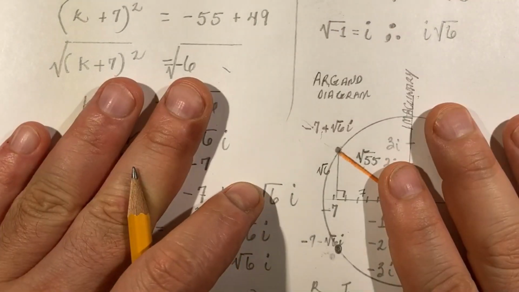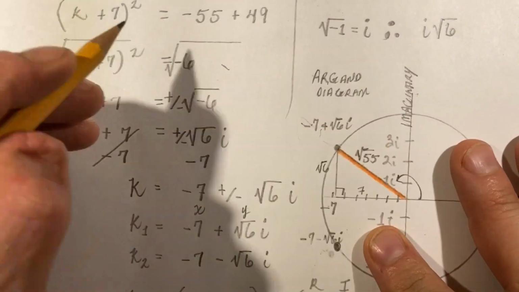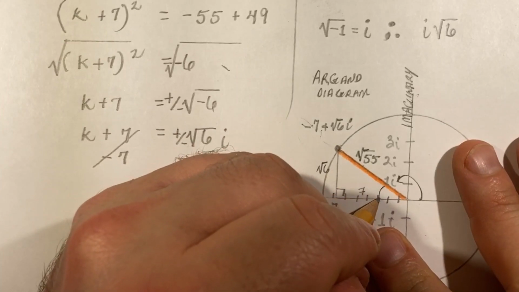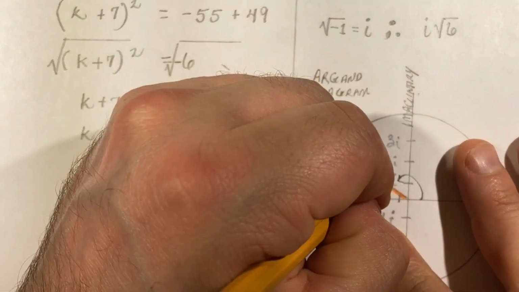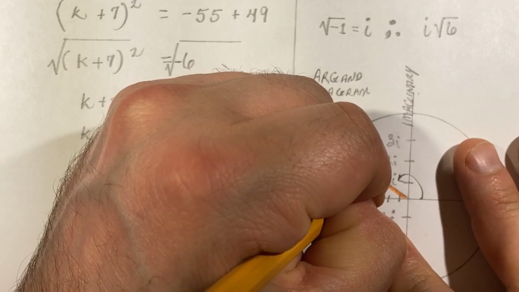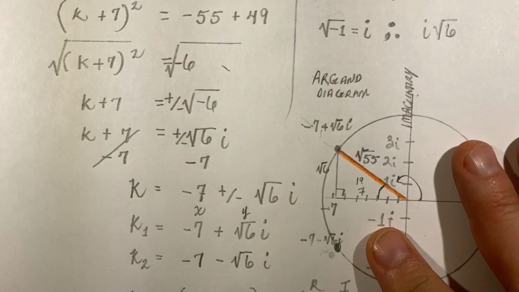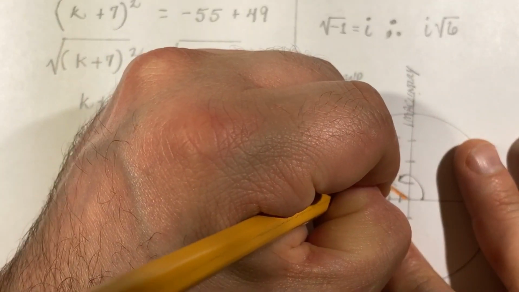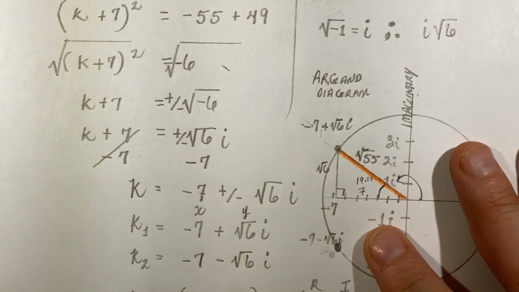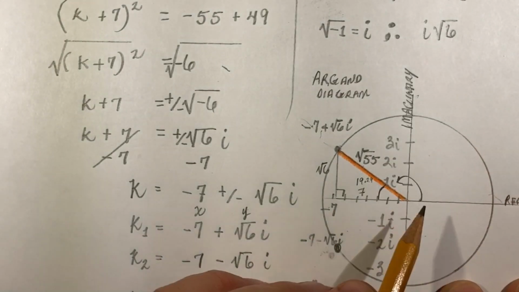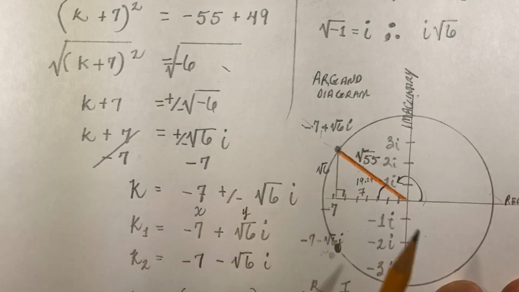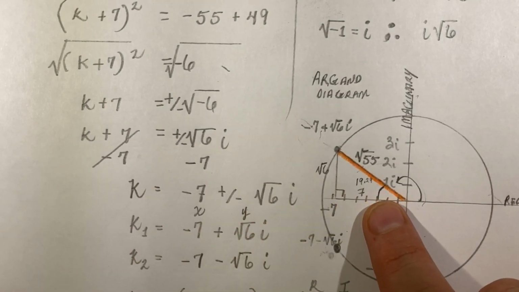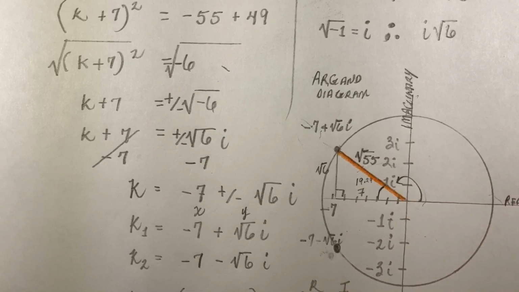What that means is that what we just found was actually this angle right here, 19.29 degrees. And if you wanted to know what this angle is, you would subtract that from 180. So 180 minus 19.29.